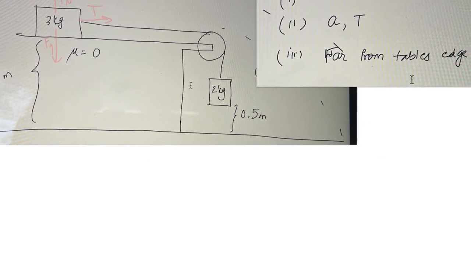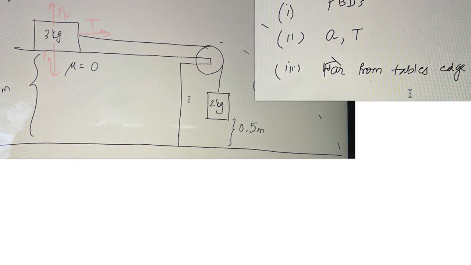So over here, we have the weight of the box, force due to gravity. We have tension right there. And that's it. That's all that's happening. And the tension definitely equals the tension. Okay, the two tensions equal each other.